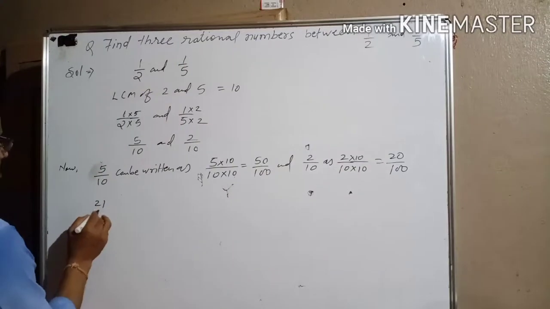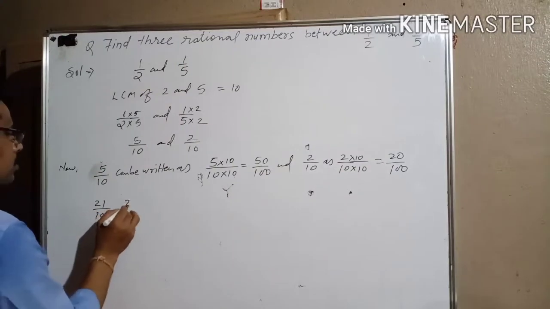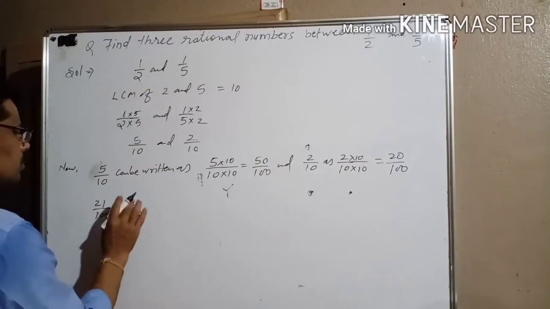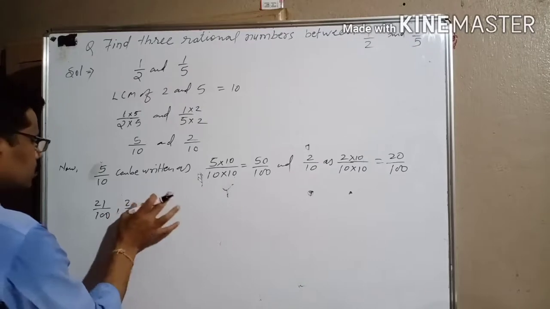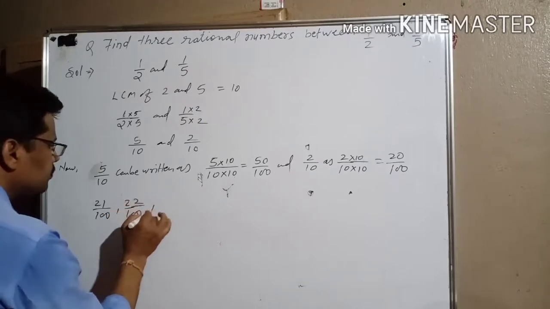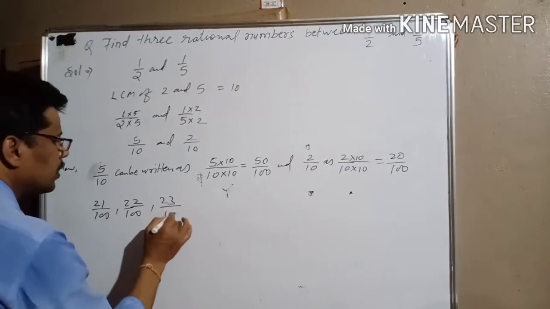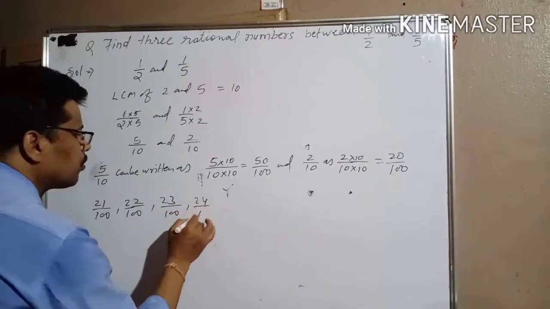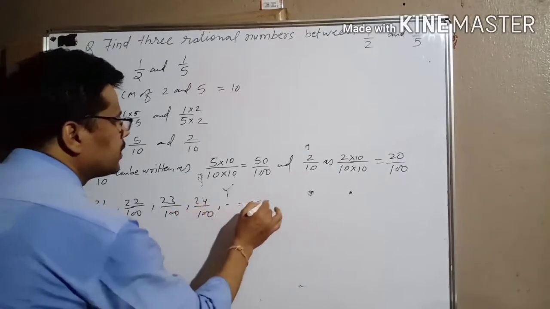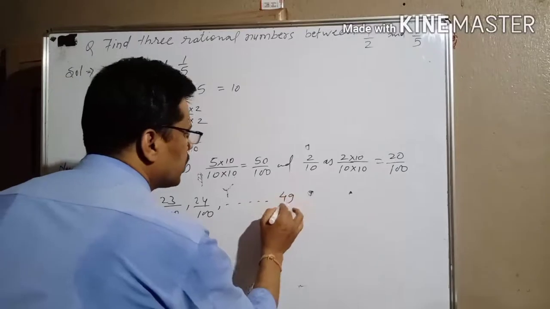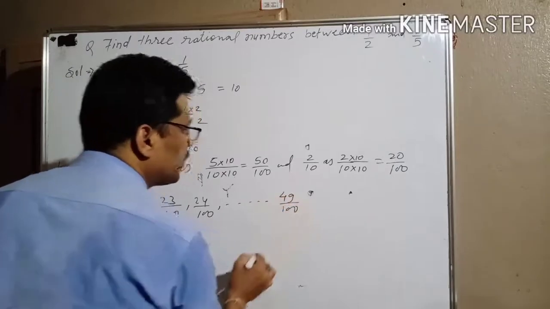And which numbers will come? You can say 21/100, 22/100, 23/100, 24/100, and so on up to 49/100.